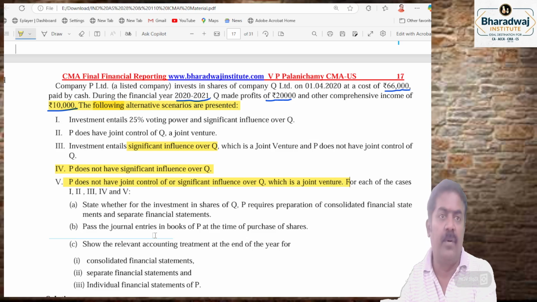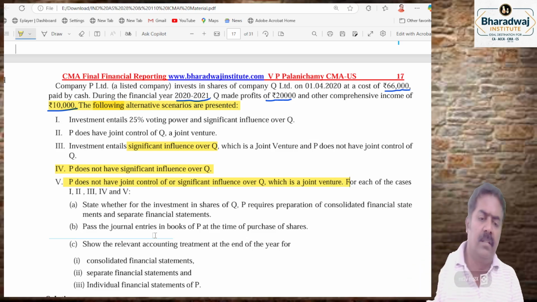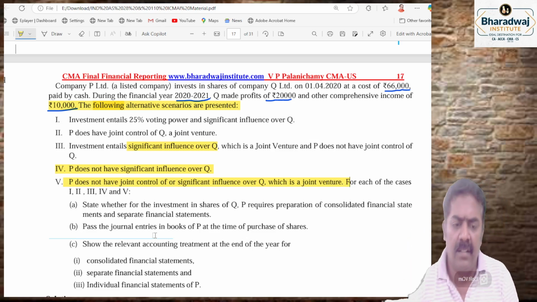Applying which method of accounting? Equity method of accounting.